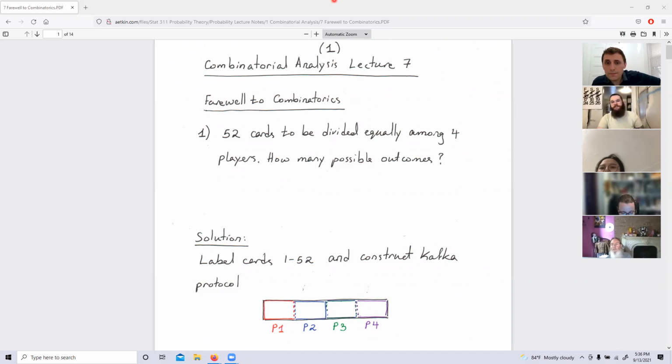Each player gets the same number of cards, correct? Yes, that's what I mean by equally. So each player has the same number of cards, namely 13 cards, if I'm not mistaken.